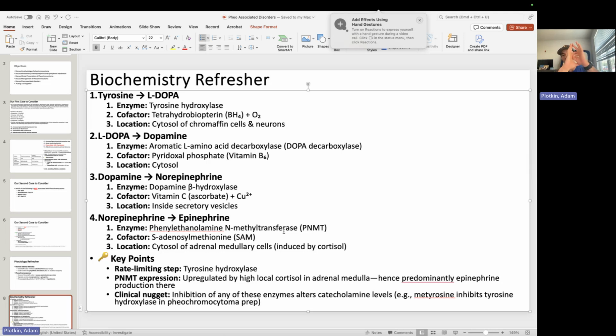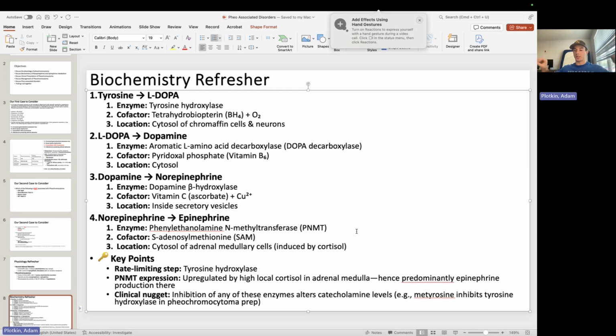Here's my adrenal medulla, and here's my cortex surrounding it. The fasciculata is where cortisol is made, and cortisol induces the PNMT enzyme. So as long as the norepi is in close relationship to the zona fasciculata, where cortisol is in bountiful amounts, we can upregulate the PNMT enzyme, throw norepi through that induced enzyme, and make more epi.